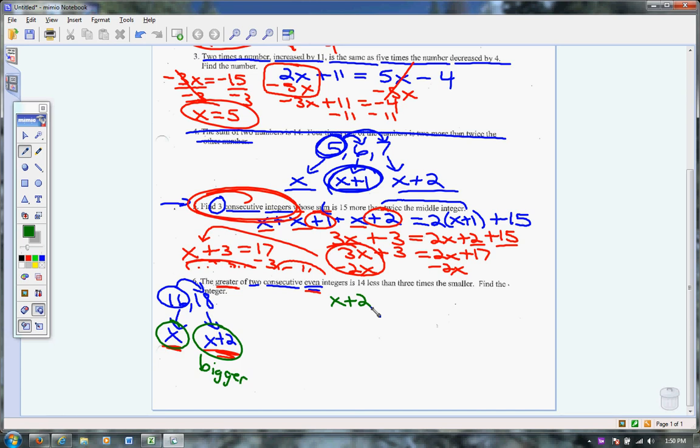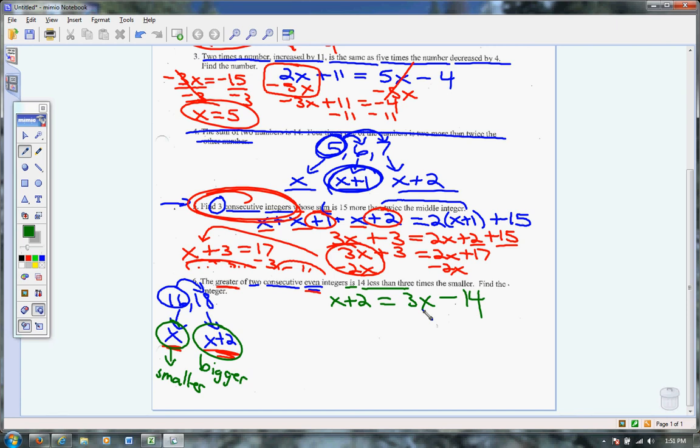We've done the greater of 2 consecutive even integers. That's the x plus 2. Equals 14 less than, I'm going to subtract 14 from something. 3 times the smaller. Well, isn't this one the smaller one? So it's going to be 3x because it's 3 times the smaller one.